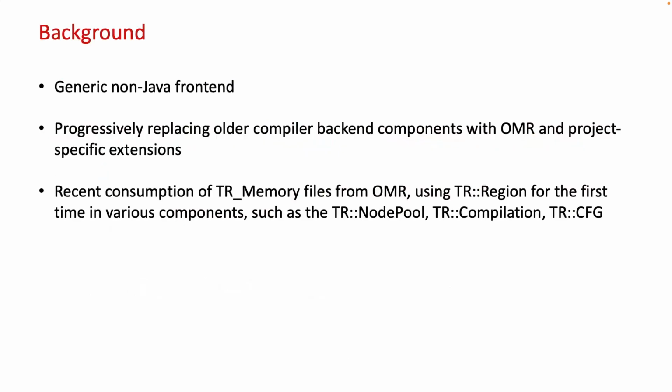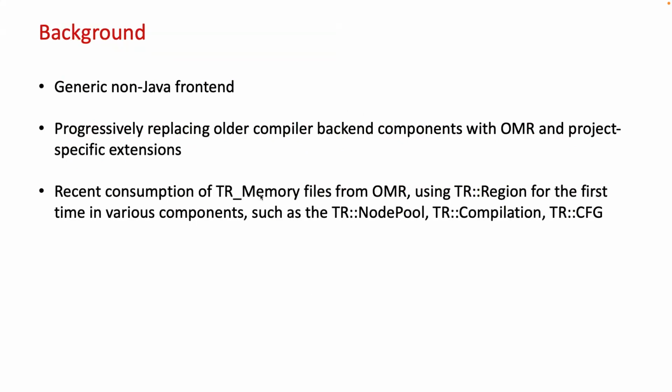So the context here, as Daryl said, is we encountered a memory leak while working on a project that is beginning to consume the OMR code for the first time. The project that we have is a kind of generic non-Java front end.